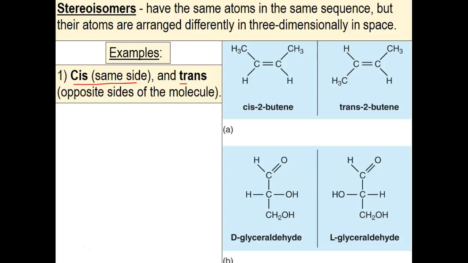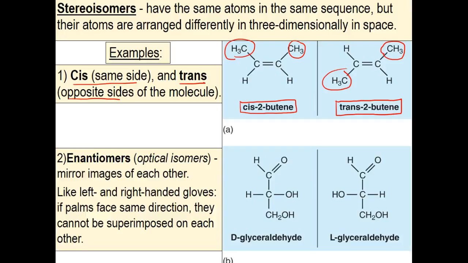Cis means same side, trans means opposite sides of the molecule. The examples are cis-2-butene, and you can see the methyl groups are on the same side, the cis configuration. But in trans-2-butene, the methyl groups are on opposite sides of the molecule. This is a trans configuration.